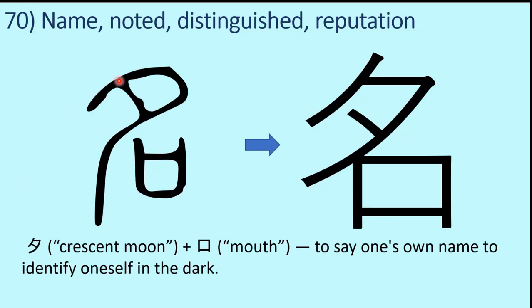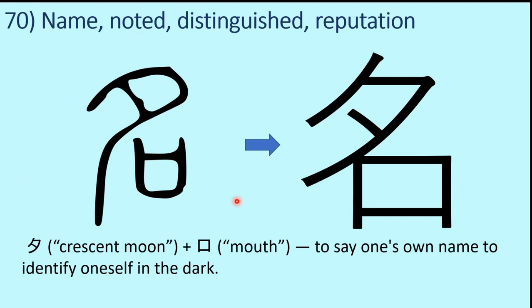The crescent moon, you can see here, this is the crescent moon and this is the mouth. So the combination of a crescent moon and a mouth has been considered to represent name or to identify a distinguished person. So what is the logic behind these two characters to represent this name?